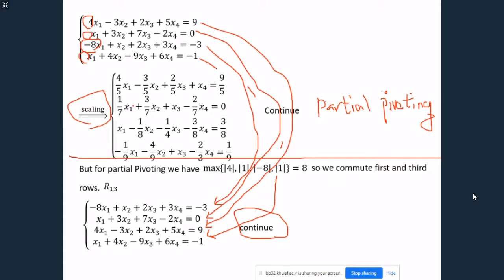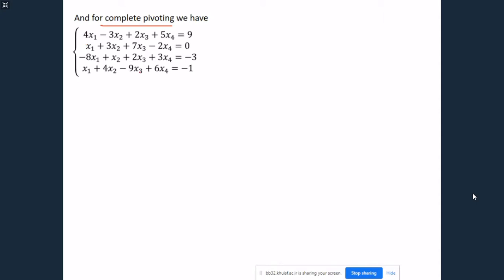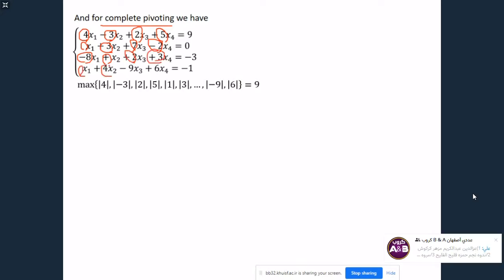It's no problem. And with complete pivoting, we have this system. We calculate the maximum between 4, minus 3, 2, 5, 1, 3, 7, minus 2, minus 8, 1, 2, 3, 1, 4, minus 9, and 6.